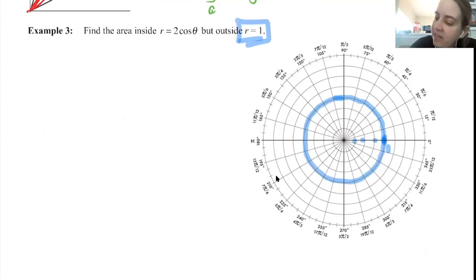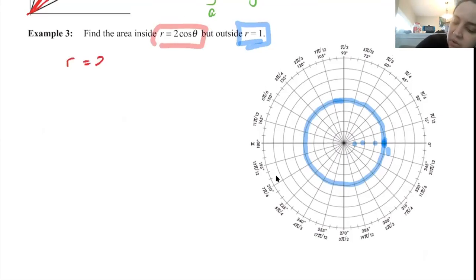And then we have 2 cosine theta. So 2 cosine theta, I know that's a circle that sits along the x-axis. R equals 2 cosine theta sits on the x-axis. It would be tangent to the y-axis. This is kind of your diameter. Not kind of, it is your diameter.